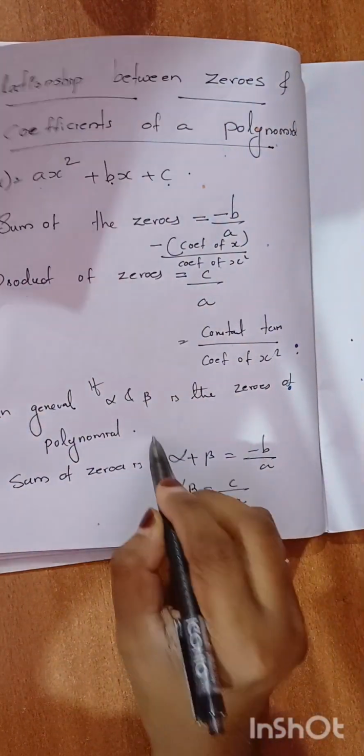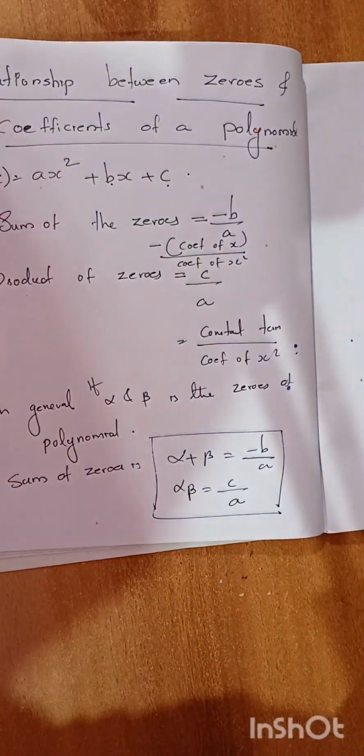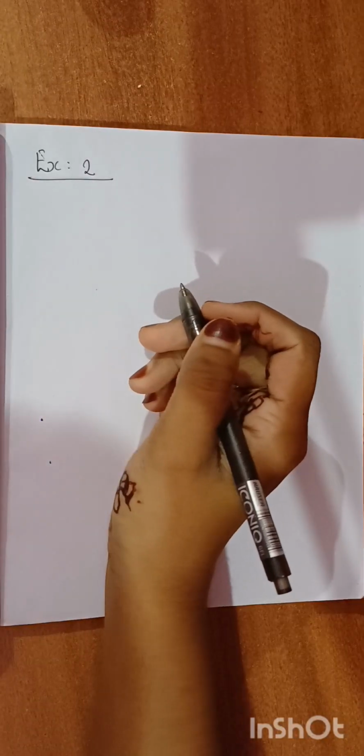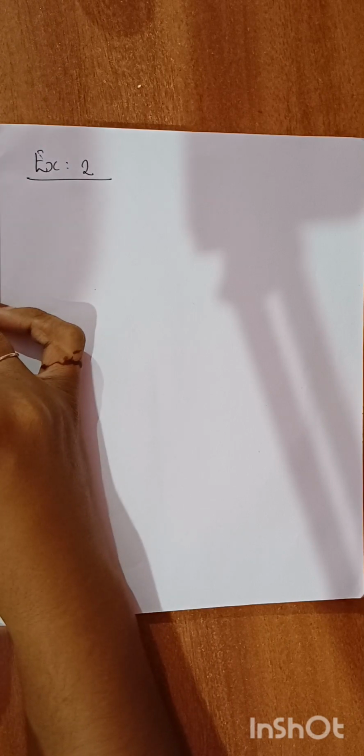That is, the sum of zeros alpha plus beta equals minus b by a and alpha beta equals c by a.